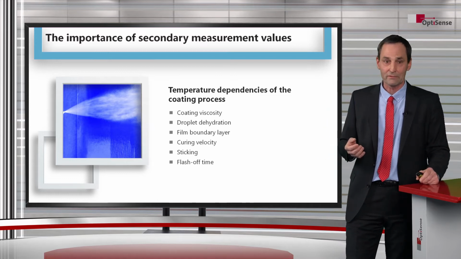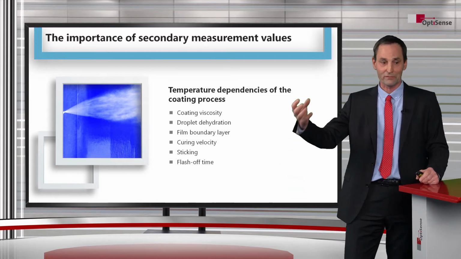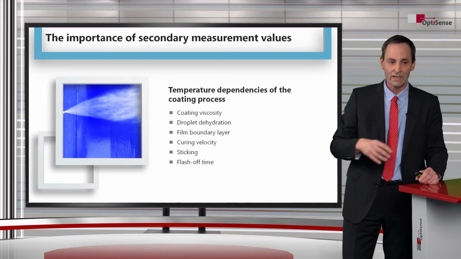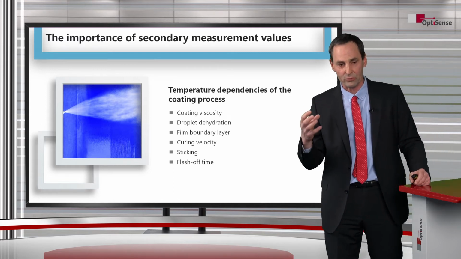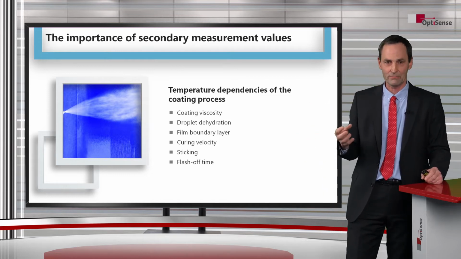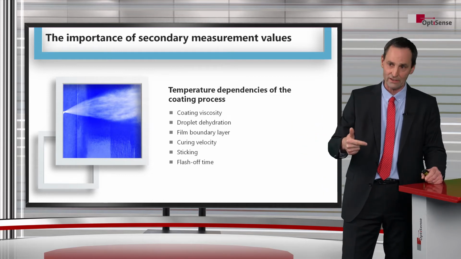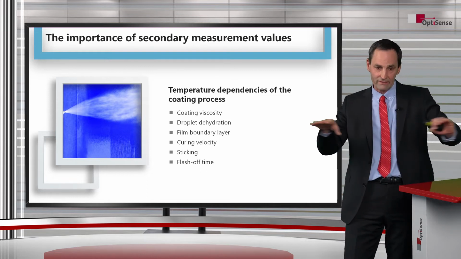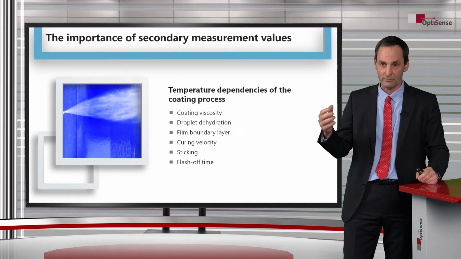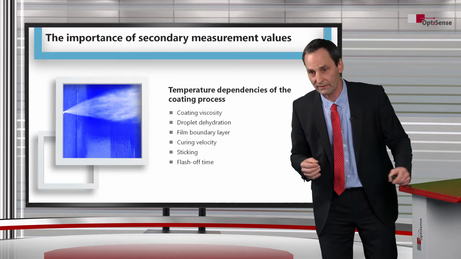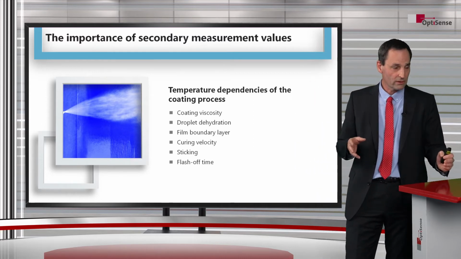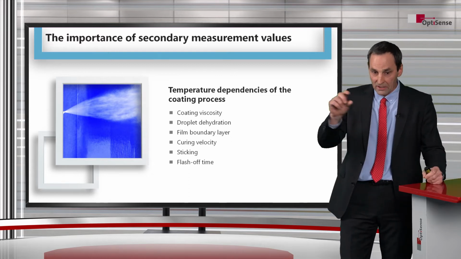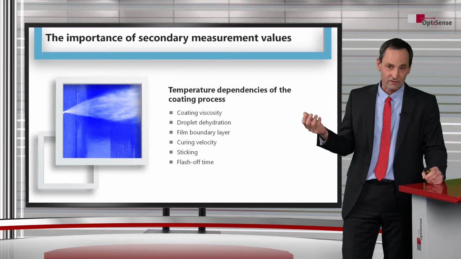Then we have the process of the droplets flying to the part which should be coated, and you know exactly that this process is strongly dependent on temperatures, on substrate temperature and air and so on. You have the film build itself, that means how flat the surface or how glossy it will be depends strongly on temperatures. And last but not least, you have to cure the whole coating thickness layers, and this is of course a question of temperatures.